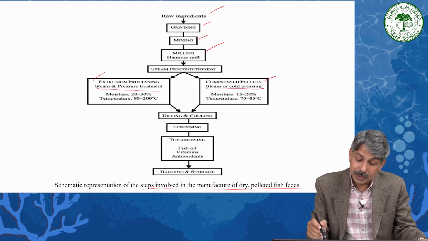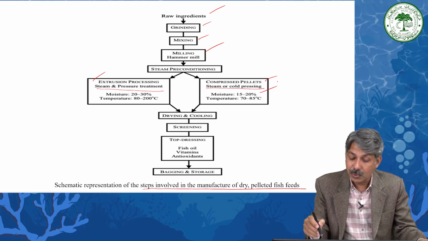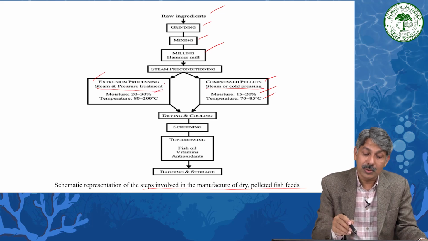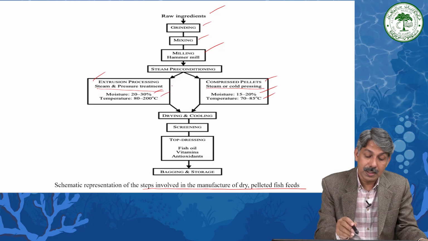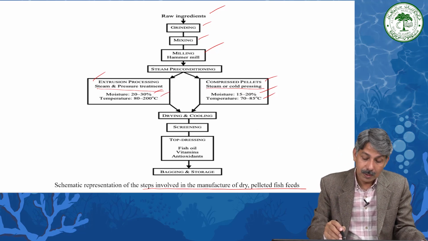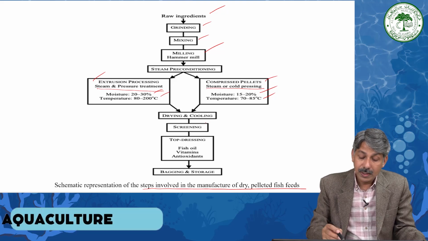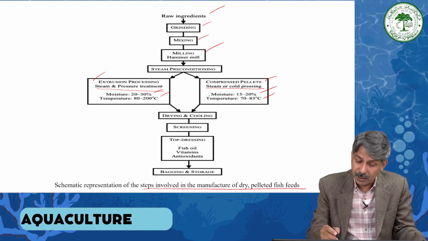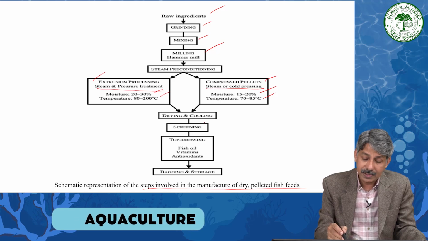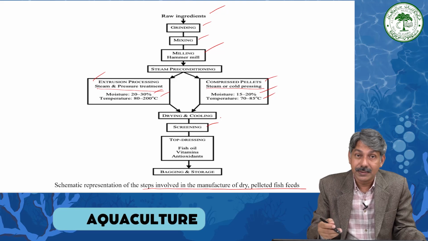In case of compressed pellets, moisture content is 15 to 20% and temperature 70 to 85 degrees centigrade. In case of extrusion processing, steam and pressure treatment, we have moisture content 20 to 30% and temperature 80 to 200 degrees centigrade. After following any of these steps, drying and cooling is done, followed by screening for appropriate size.